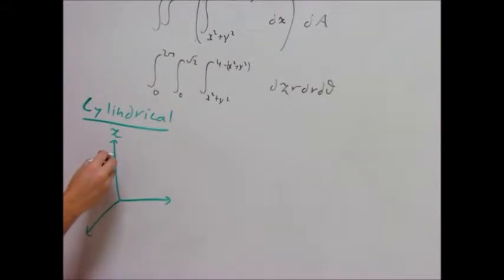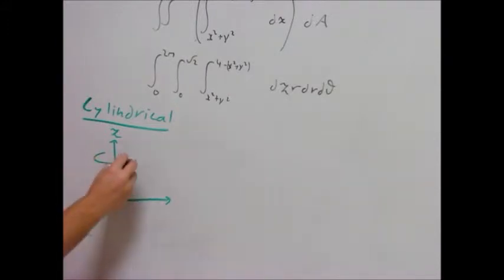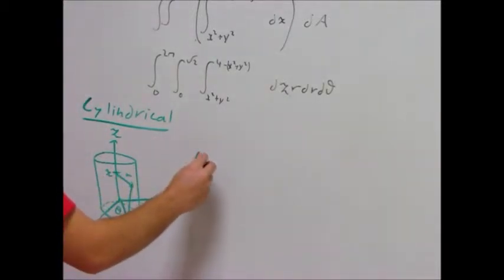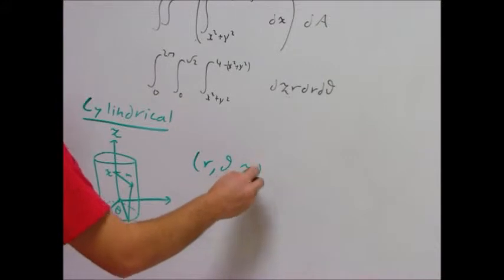So basically at every point z you have a circular slice. So at every point z you also have r, and of course the angle they come out, theta. So every point in space can be described by coordinates of r, theta, and z.